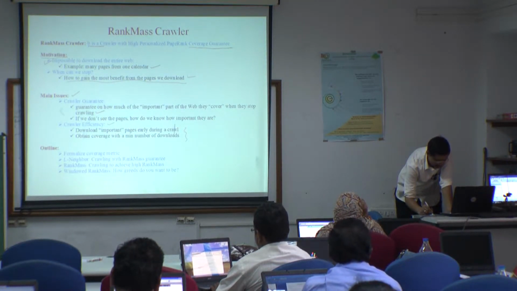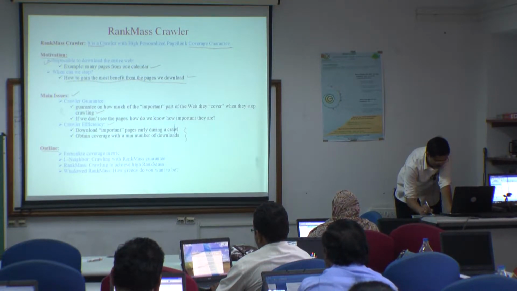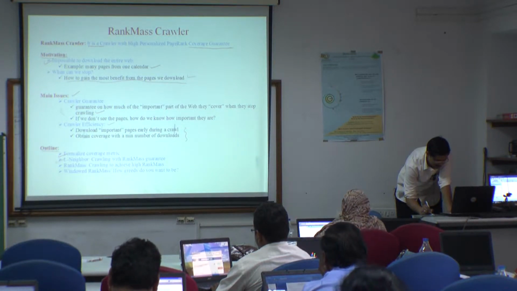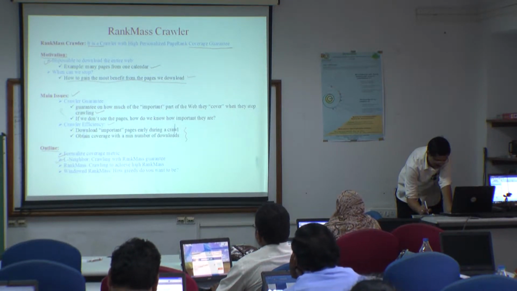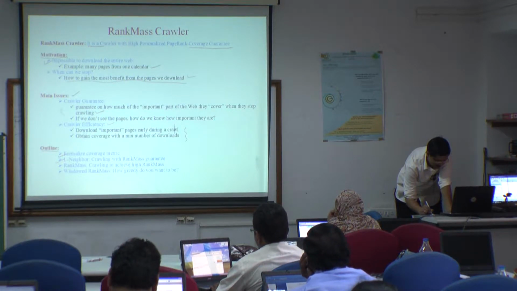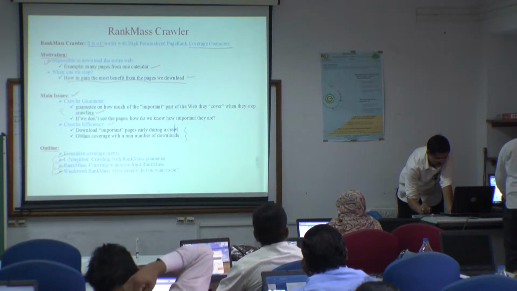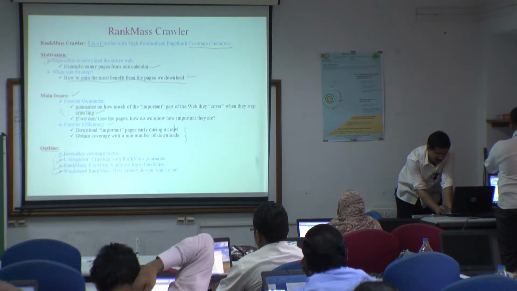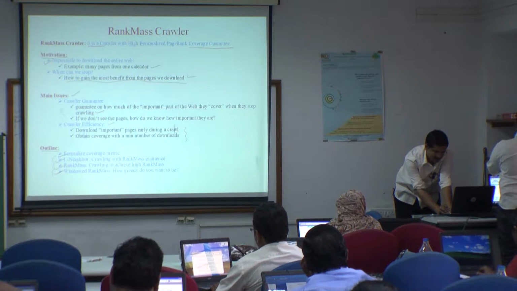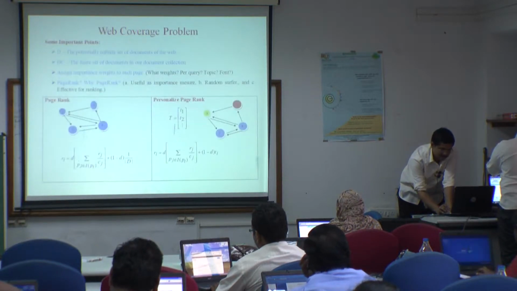The main parts of this scheme are, first, formalizing the coverage metric; second, link neighbor crawling with rank mass guarantee; third, rank mass crawling to achieve the highest rank mass; and fourth, the windowed rank mass. These are the different strategies applied to crawl highly important pages from the web.